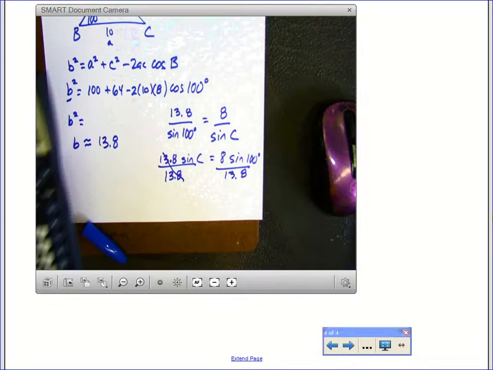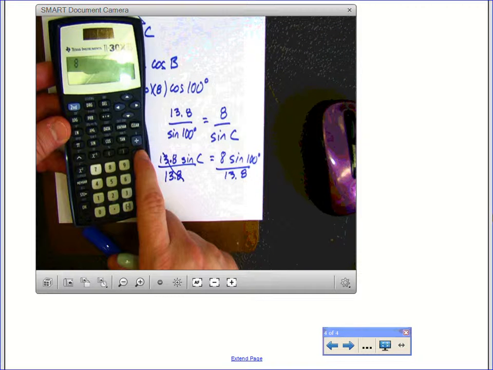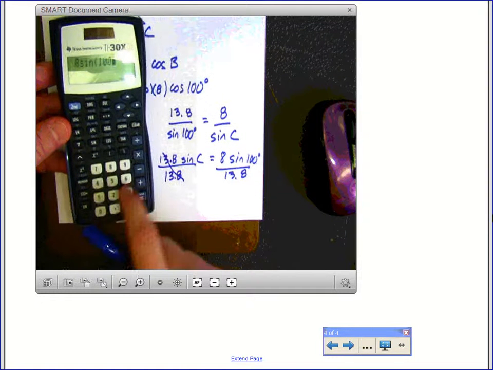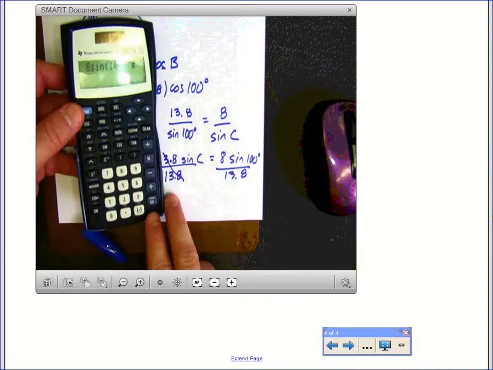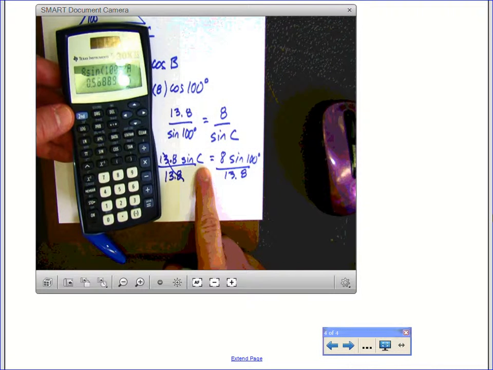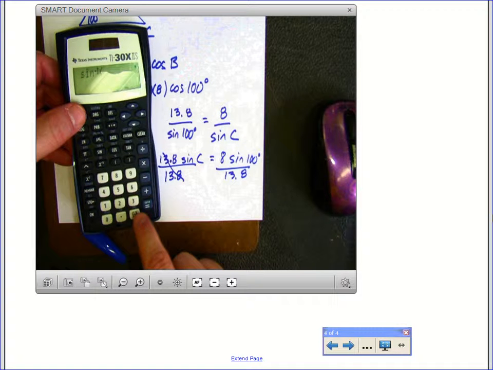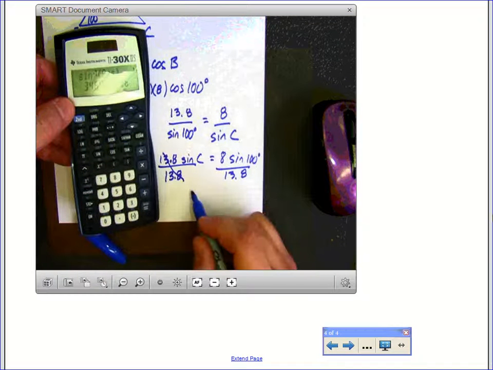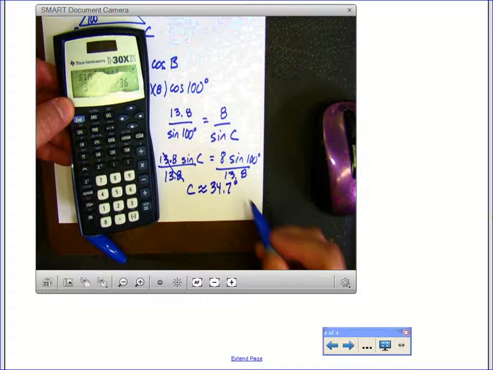So I'm going to do 8 times sine of 100, and now instead of divided by 13.8, I need to say divided by answer, so I'm getting all my decimal places. That's not C, that's just the sine of C, so we need to do the inverse sine. It's going to give you about 34.7.